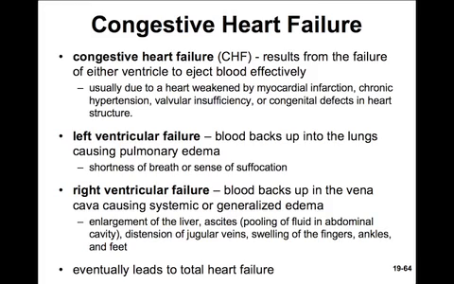When we see right ventricular failure, the blood backs up into the vena cava, causing systemic or generalized edema because blood is now trapped in the system. This results in enlargement of the liver, ascites, where we see the pooling of fluid in the abdominal cavity, distension of the jugular veins, swelling of the fingers and ankles and feet, which is a sign of edema.